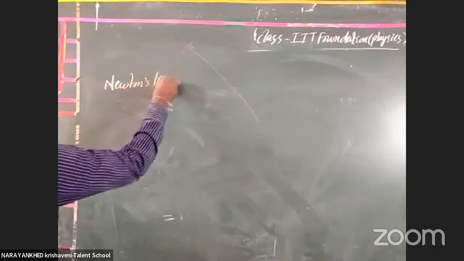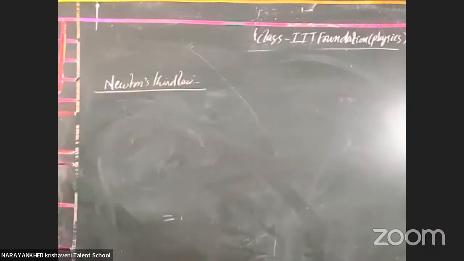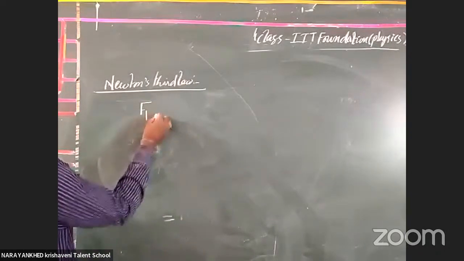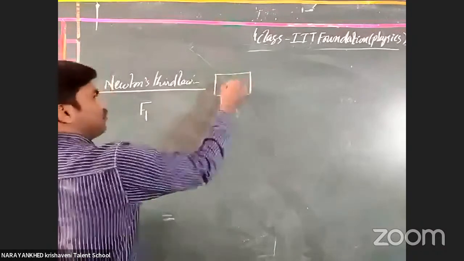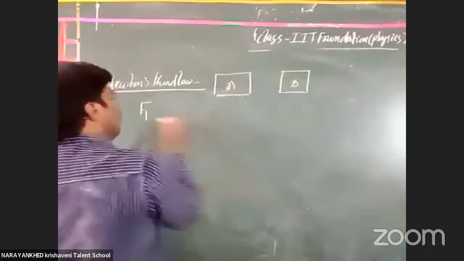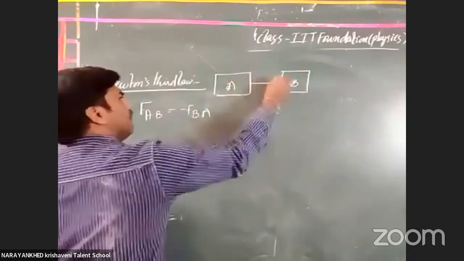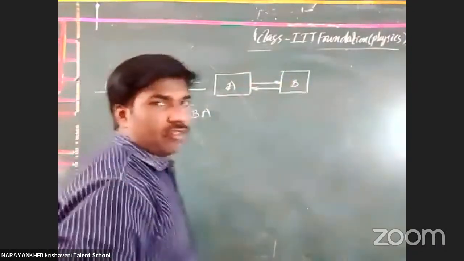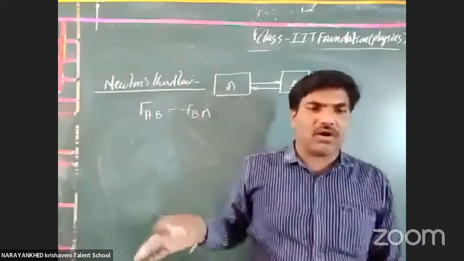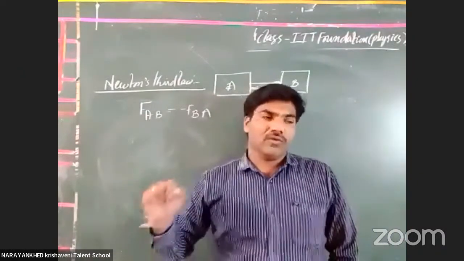According to Newton's third law, a force F1 is acting on a body, and F2 is on the other body. Take them as body A and body B. F_AB is equal to minus F_BA. Every force gives one more force on the other body. The forces are equal to one another in magnitude but opposite in direction. Got it or not? This is called Newton's third law.